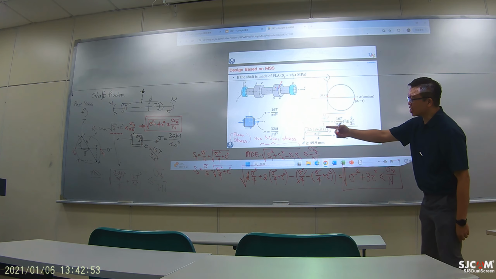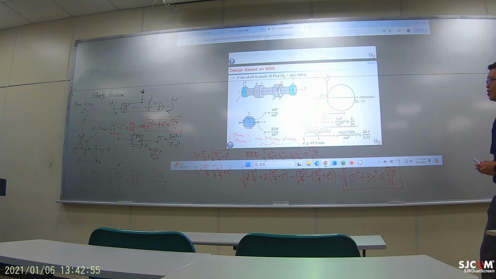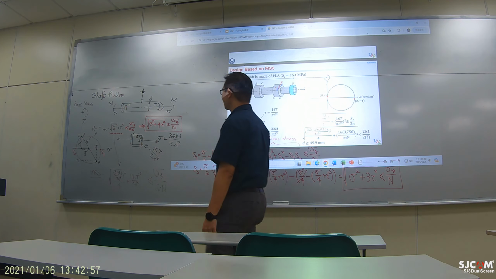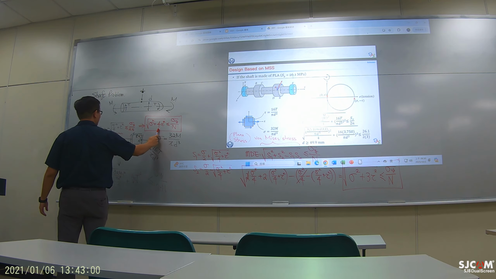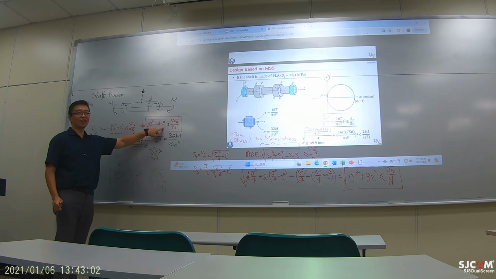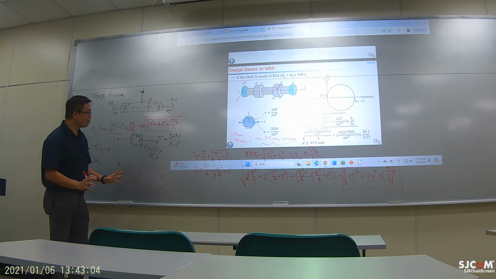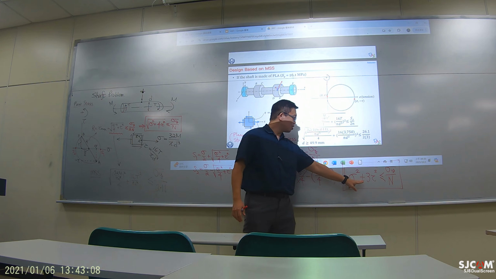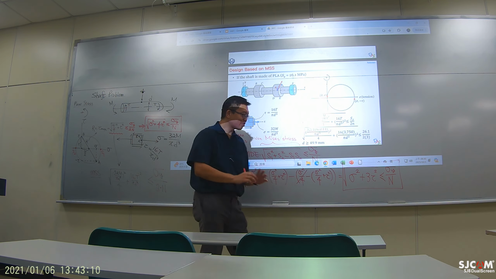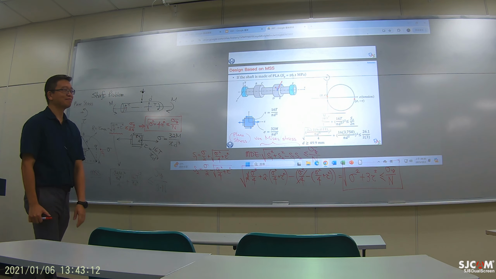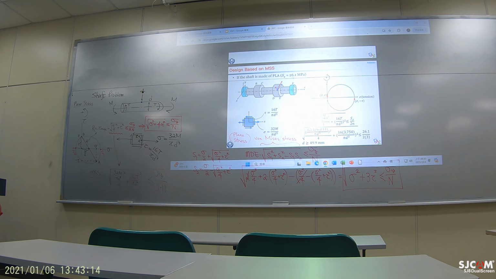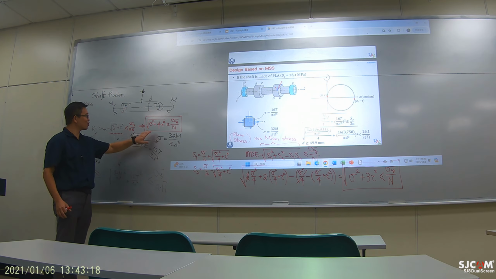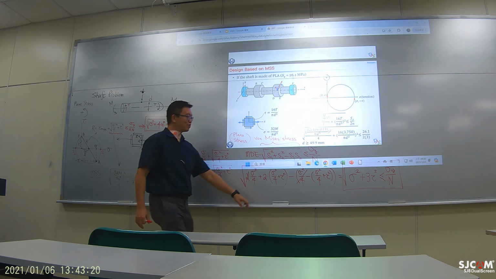If you use the maximum shear stress model for this particular problem, the coefficient right here is 4 in front of the tau squared. But if you use the maximum distortion energy model, the coefficient right here is 3. It's a very slight difference. Okay? So that's why for design problems, sometimes you see this, sometimes you see this.